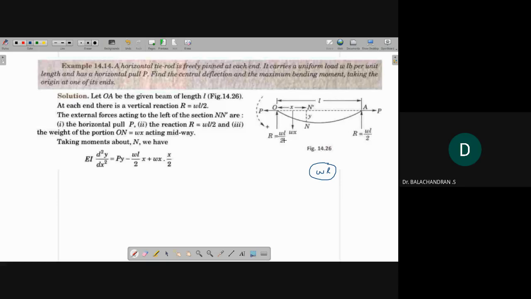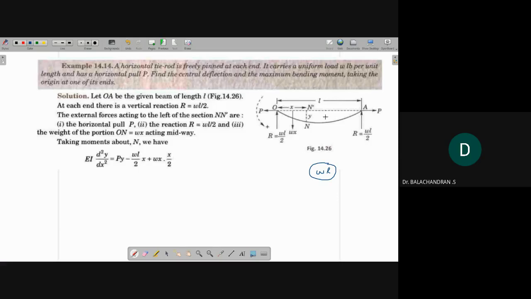I am not exactly clear about the theory behind why omega L by 2, but I feel that this is correct. R equals omega L by 2 at both ends.